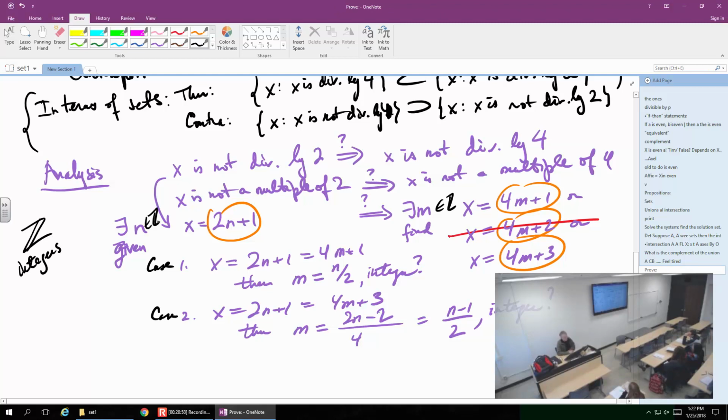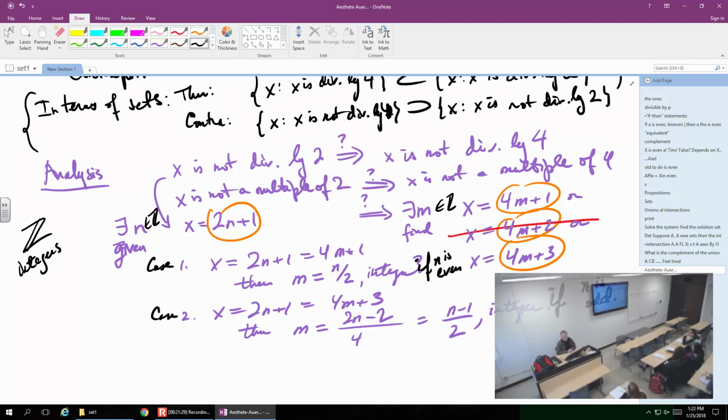So under what circumstances is m an integer in case 1? If n is even, yes. What about case 2? When is m an integer? When n is odd, right? So n minus 1: it's odd, subtract 1, get an even, and so it becomes divisible by 2 and produces an integer.